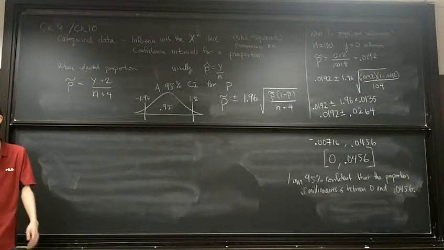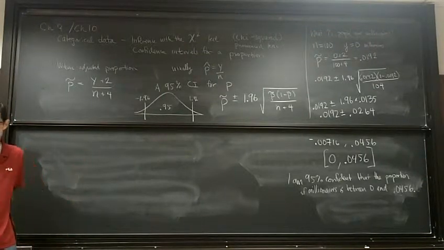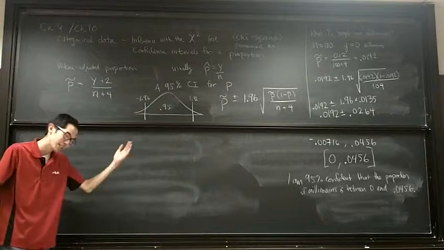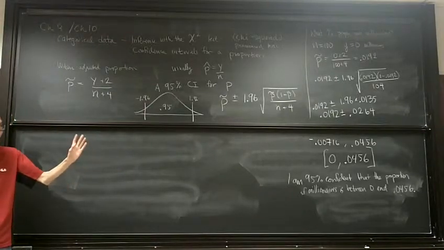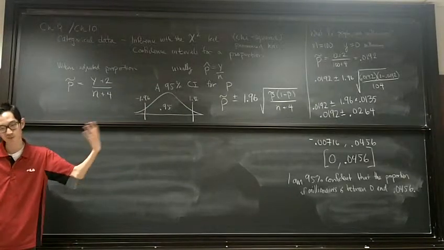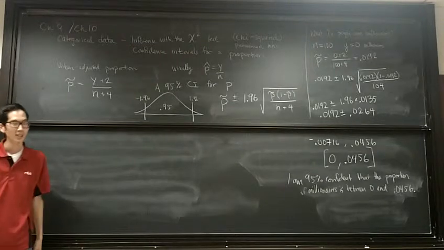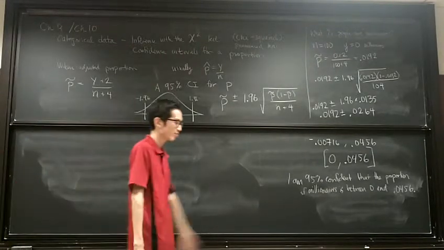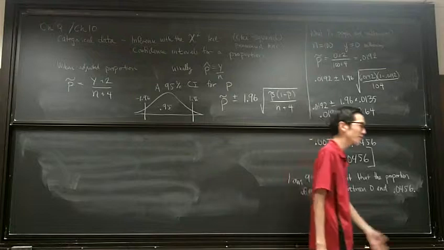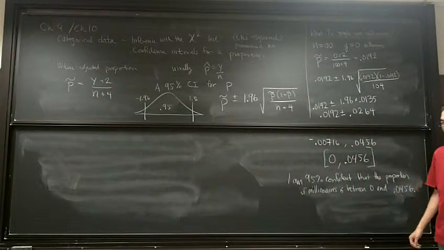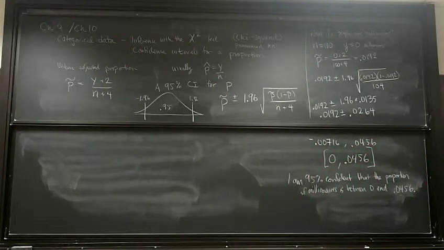You can read about it in the book if you are interested. 95% is kind of common in the literature these days, so we're just going to stick with that. I'm not going to try to change the way we do statistics and confidence intervals.